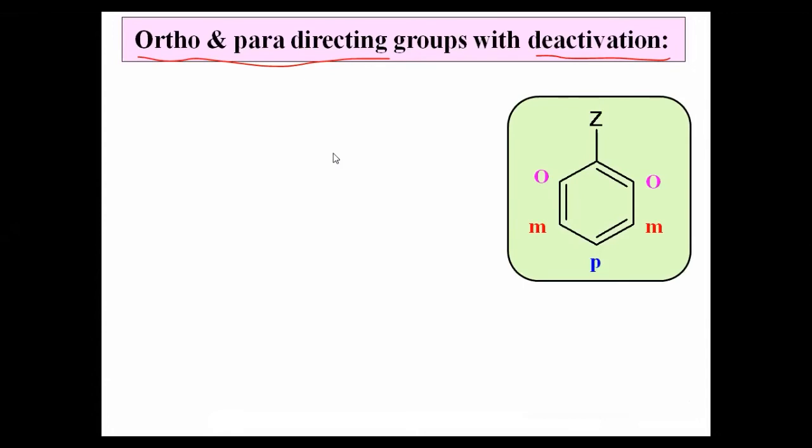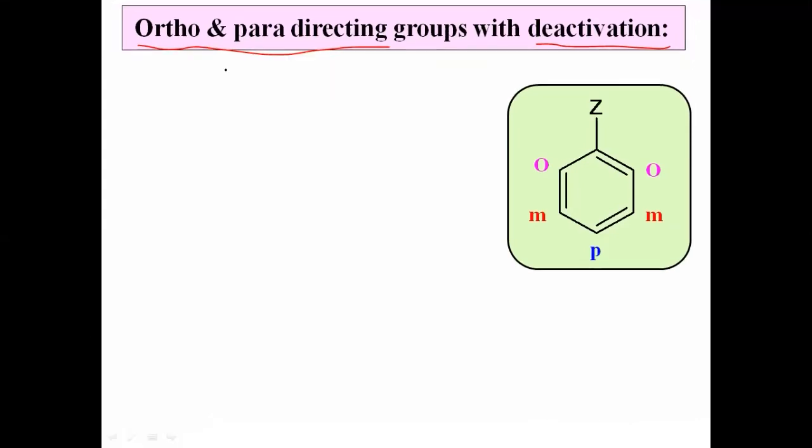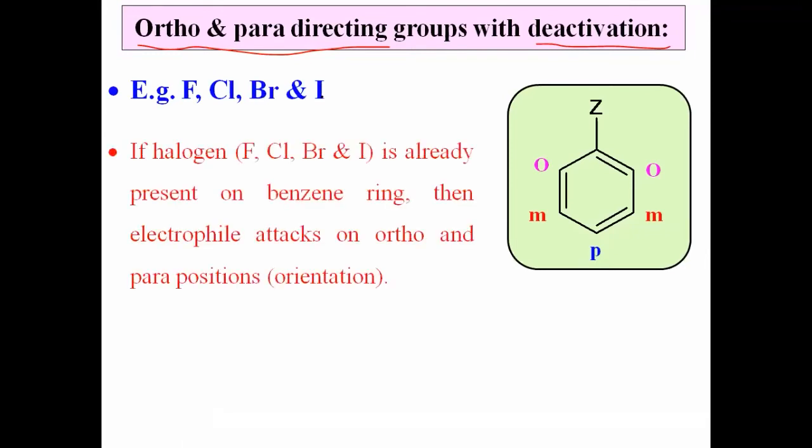Now consider the examples of that category. Halogens are examples of this category. या कॅटेगरीचे एक्झाम्पल आहे हॅलोजन, फ्लोरीन, क्लोरीन, ब्रोमीन, आयोडीन. If the aromatic ring already has a halogen, जर त्या aromatic ring मध्ये ऑलरेडी हॅलोजन असेल, म्हणजे इथं जो आपण छेड दाखवलेला आहे, instead of that shade, suppose that ring has a halogen, then the electrophile attacks at the ortho and para positions.